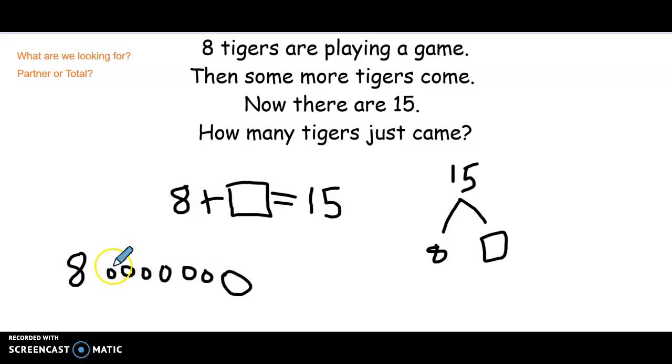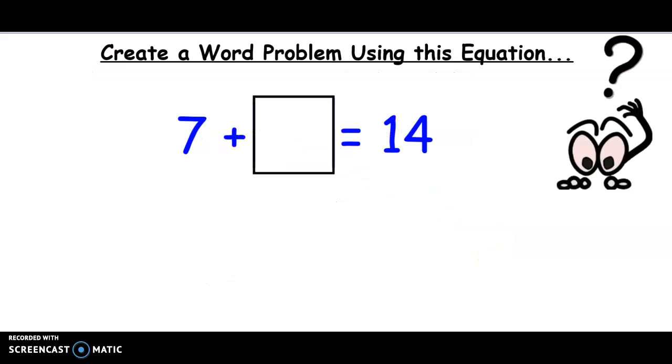Okay, great. Then we count the circles, and that's our answer. 1, 2, 3, 4, 5, 6, 7. Okay, great. So 7 goes here, 7 goes here. What is our label we'd be talking about today? It was tigers. 7 tigers.